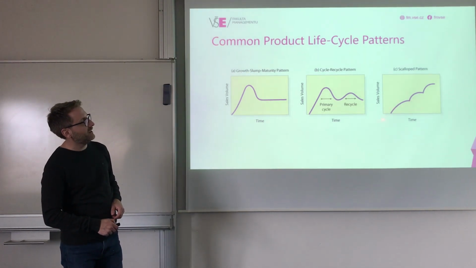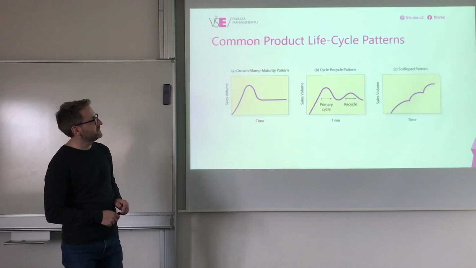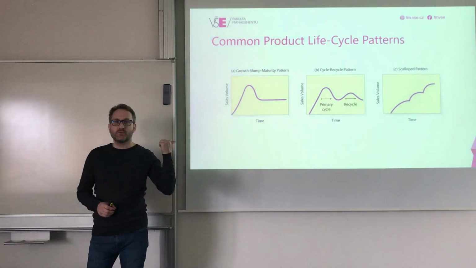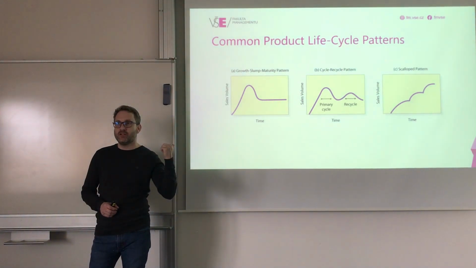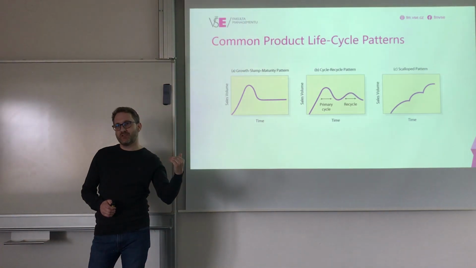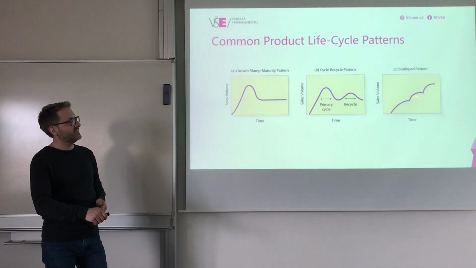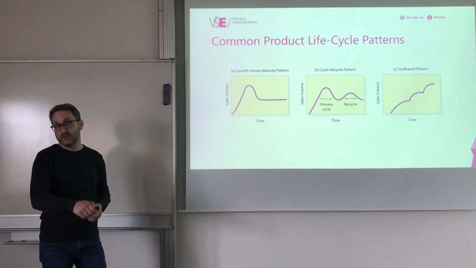And then we got the scalloped pattern. It's like, I don't know, the body of a snowman or something like that, or other shapes. Anyway, this could also be given by innovation. For example, you can use the case of TV. There's a black and white TV, then there's a color TV, and then there's an LED TV, and so on and so on.